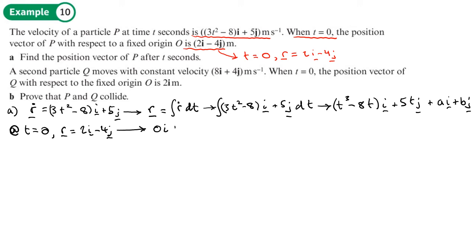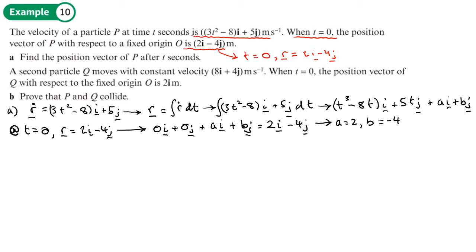So 0i plus 0j plus the ai and the bj part equals 2i minus 4j. So what that means is a must equal 2 and b must equal negative 4.